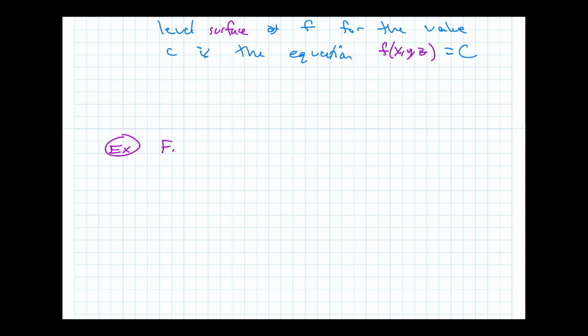Example, let's say find 3 level surfaces to, let's say, d of x, y, z. Actually, yeah, let's do that. D of x, y, z equals, let's say, square root. Do I need the square root? Yeah, I guess so.